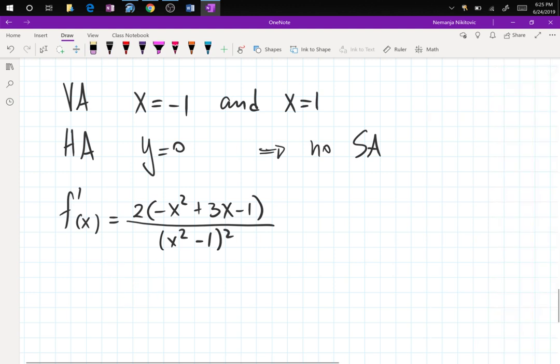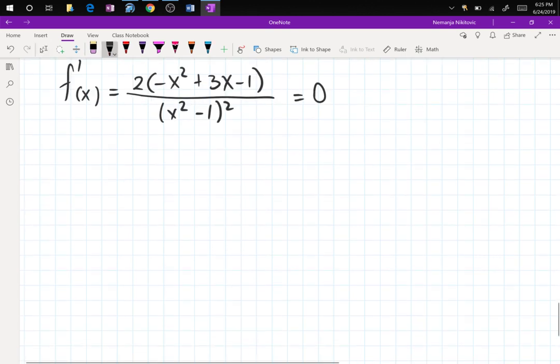And now we set that equal to 0. When you set this equal to 0, the denominator dies, the 2 dies, so the only thing you have to worry about is negative x squared plus 3x minus 1 equal to 0.